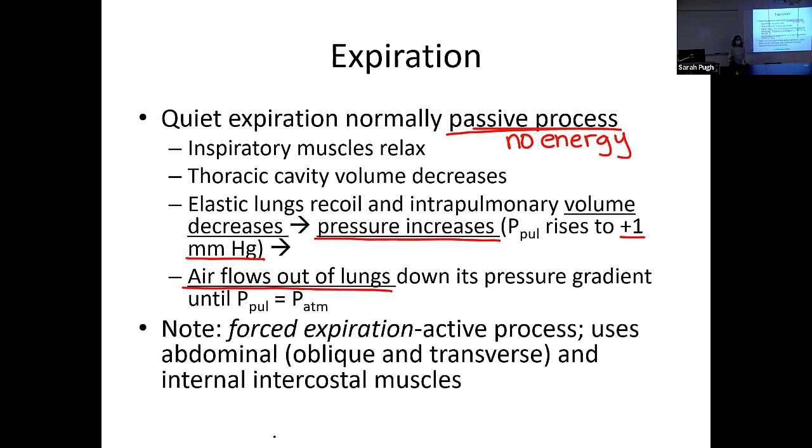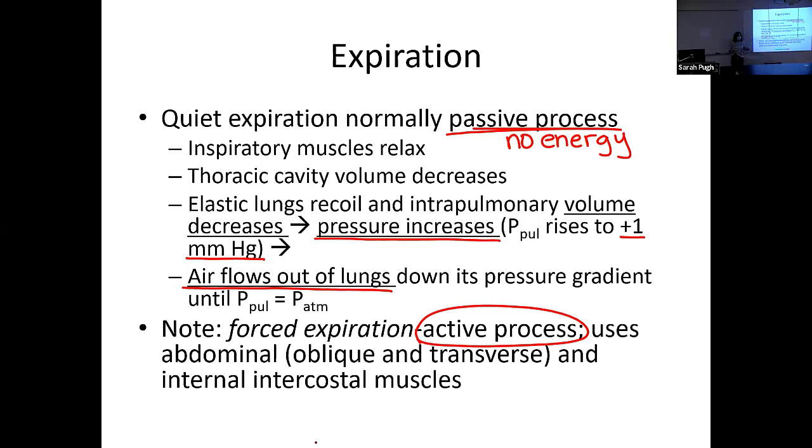Now, we talked about a forced inhalation, so I also want to talk about a forced expiration. When you on purpose blow out really hard, that is an active process. That's actually using a lot of extra muscles. When you blow out hard, you're going to be using a lot of abdominal muscles, your obliques and your transverse abdominis.